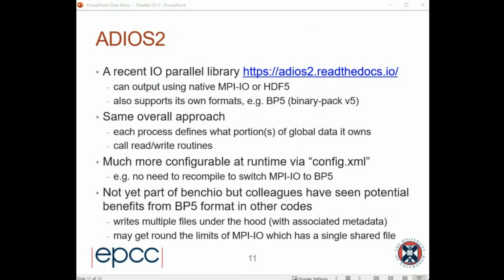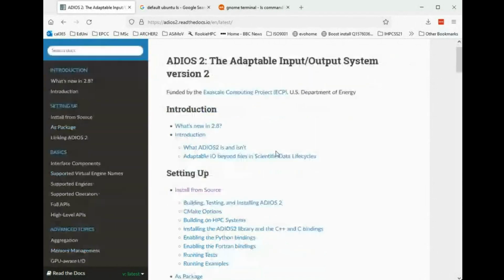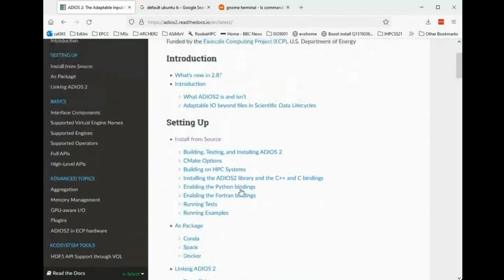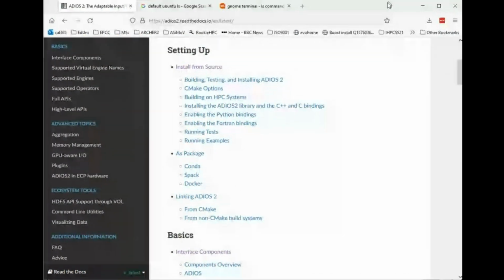Well, there's the URL. This is the ADIOS2 page. So the interesting thing is it was funded in the US. So they were always targeting very large systems, exascale computing, and it actually is quite sophisticated because you don't actually have to write to file.